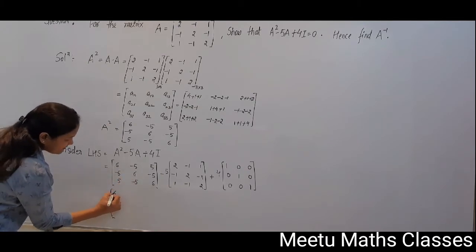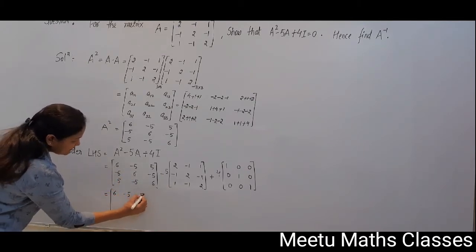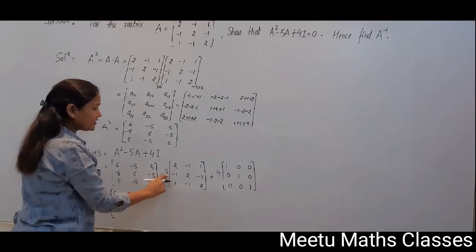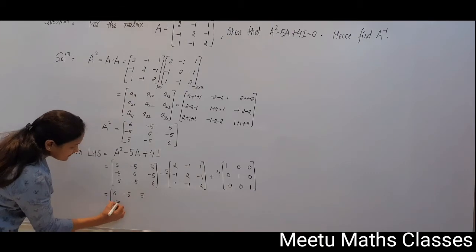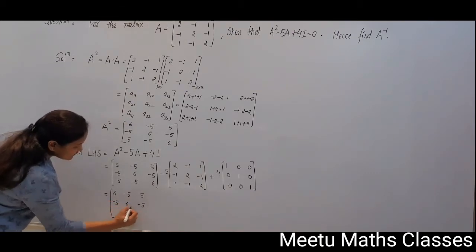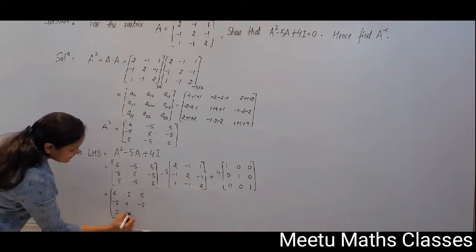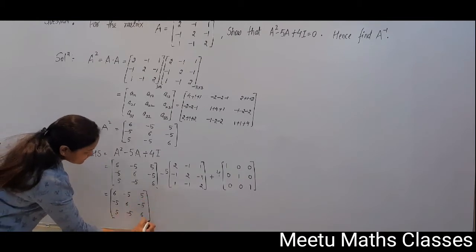This is equivalent to 6, minus 5, 5. First of all, we are going to multiply a scalar with this matrix. Minus 5, 6, minus 5, 5, minus 5, 6.